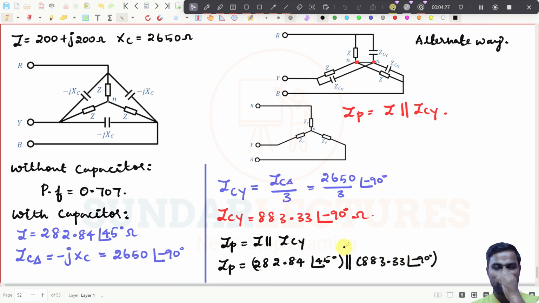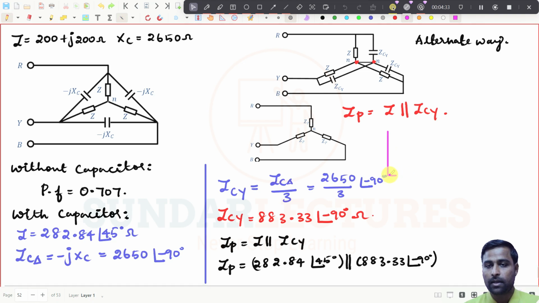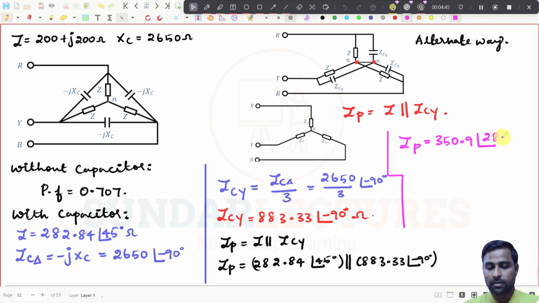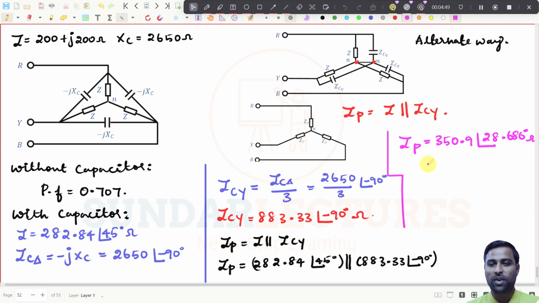So if you simplify this, you will get ZP equal to 350.9 at an angle of 28.686 degrees ohms.